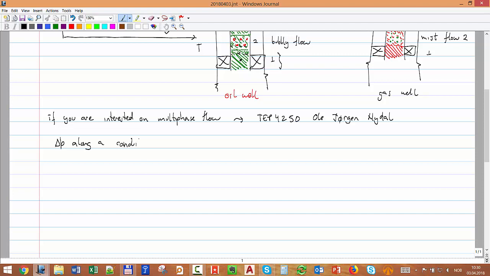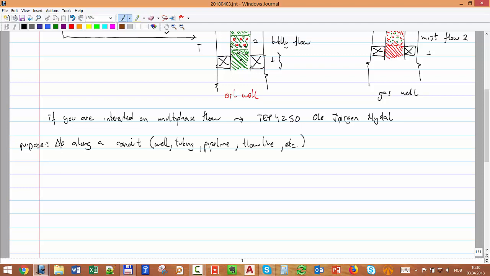Along a conduit, either along the well, tubing, pipeline, flow line, etc., we want to make this equilibrium. That's the principle of how we calculate rates. So that's the purpose.